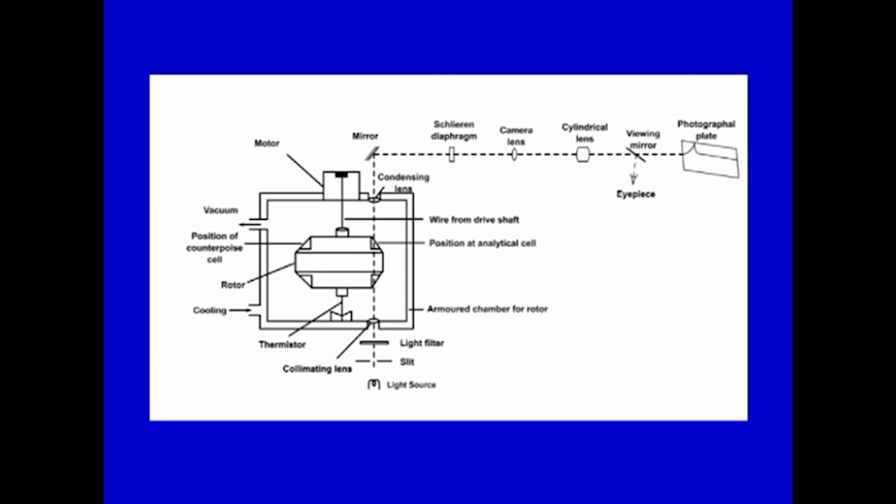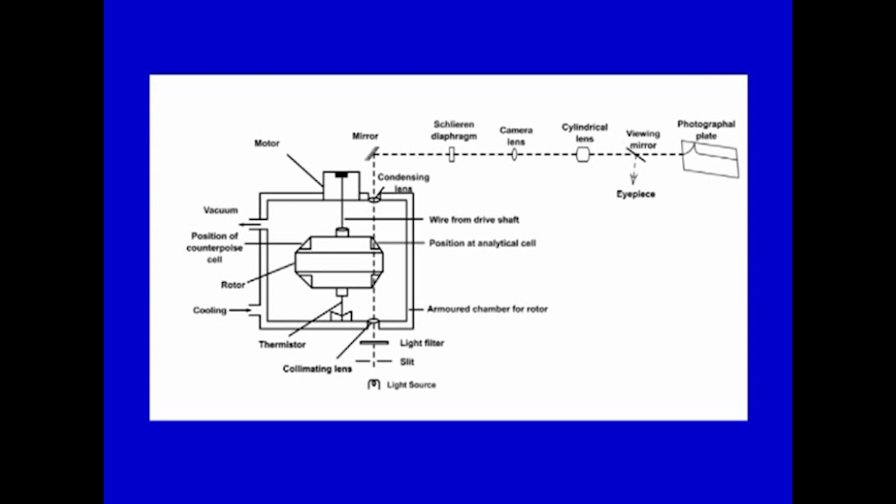If you can see here, this is a slit, and there is a collimating lens I was talking about. This is a solid rotor which contains a counterpoise cell and analytical cell, and this is placed in here with the collimating lens.